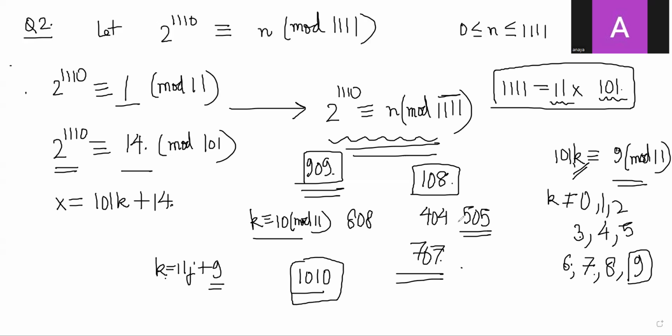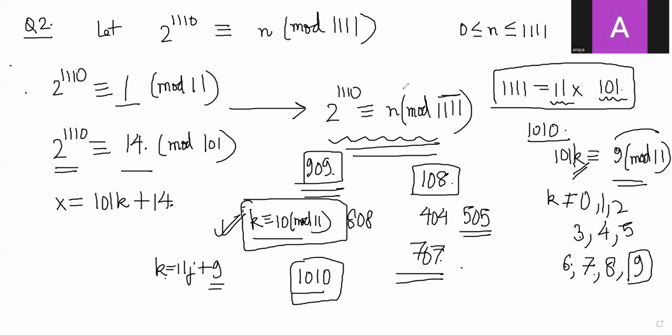Because 990 plus 20, and 20 is 9 mod 11. So it works for K equal to 10, for example, and basically K should be 10 mod 11, right? The lowest number would be 10. In that case, you will get 1010 here, and that will fit the whole thing, right?